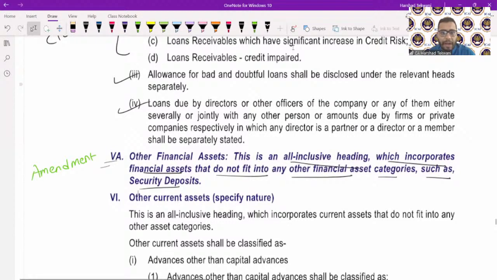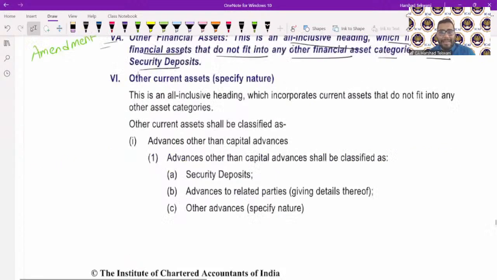Then after the other financial assets, the second area is other current asset.